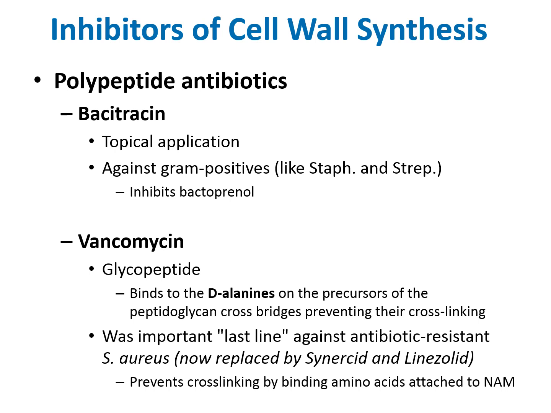So Baci comes from Bacillus, and then Tracin comes from Tracy. In any case, the drug is fairly toxic taken internally, so it's only used topically, and it's effective against gram-positive bacteria like staph and strep, which is kind of good, because where do you find these types of bacteria but on the skin?